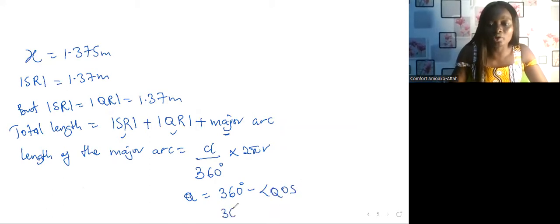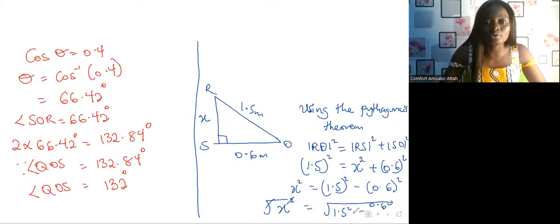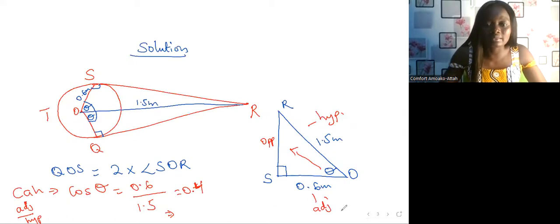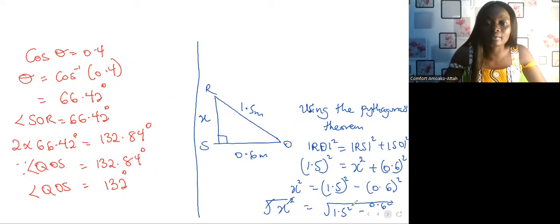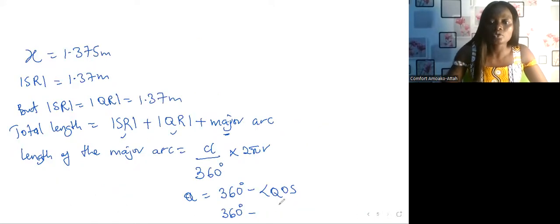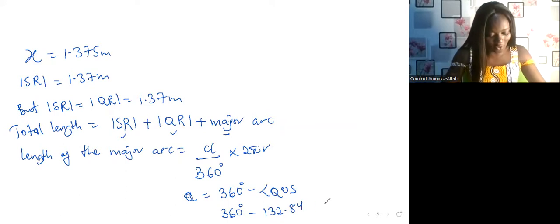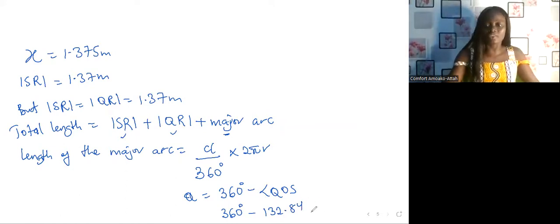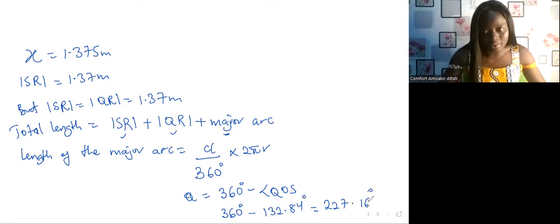Do you know angle QOS? Yes. We're able to find that angle as 132.84. So 360 minus 132.84. Simplifying this, subtract this for me, and you are getting 227.16 degrees.